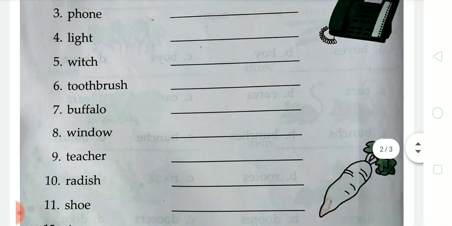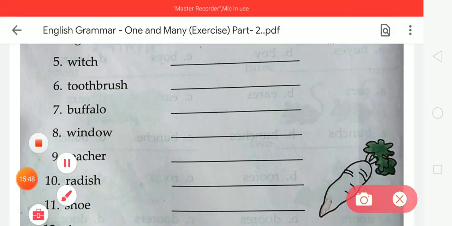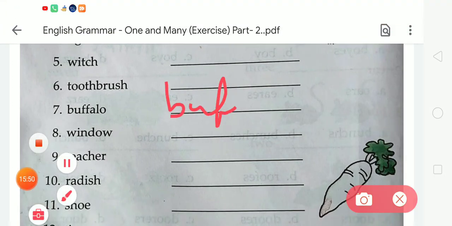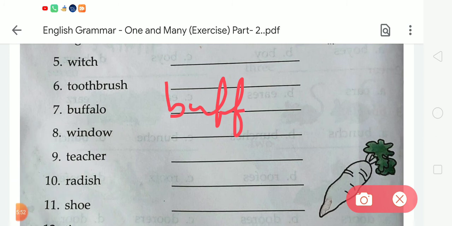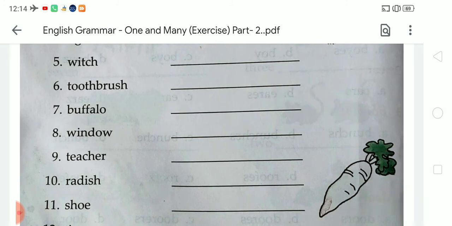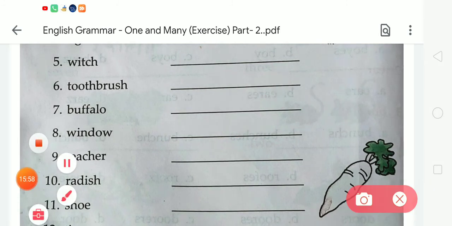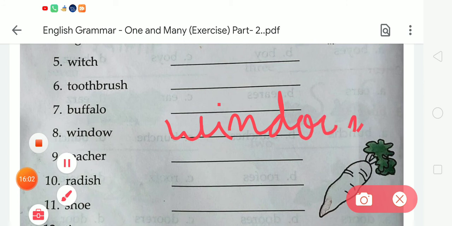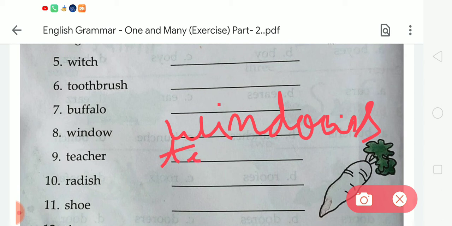Now the next, in number 7 there is buffalo, so we have to add es, buffaloes. In number 8 we have to add s. Now the next, teacher, we have to add s.